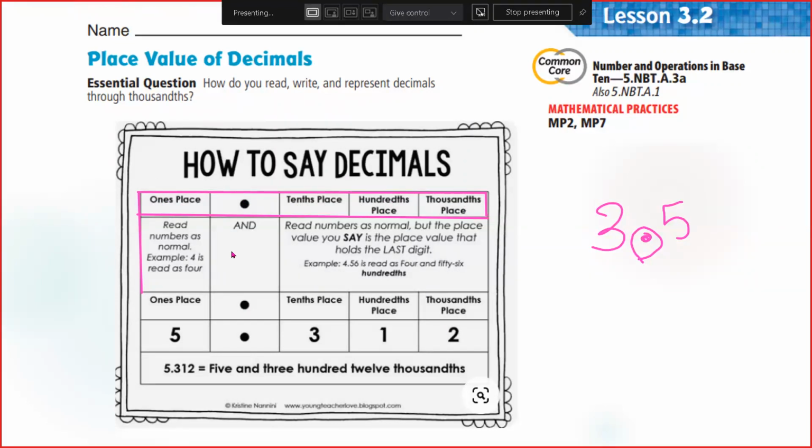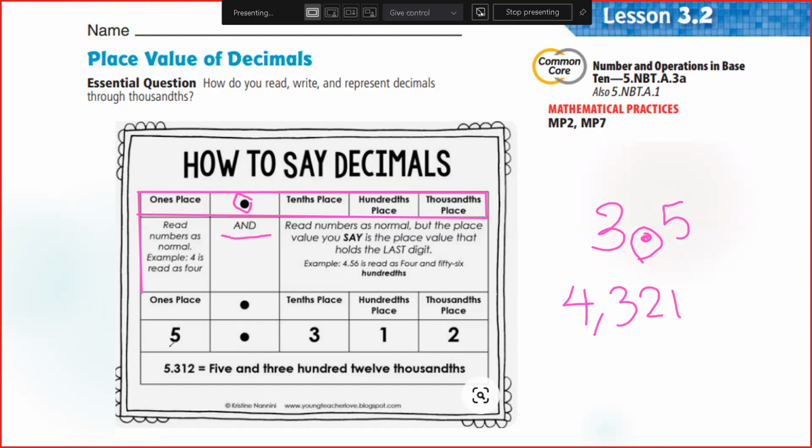Now, how can you read it? Do you remember before, if you have 4,321, how you read it? You say 4,321. But if you have a decimal point, you have to put the word and. What do I mean?